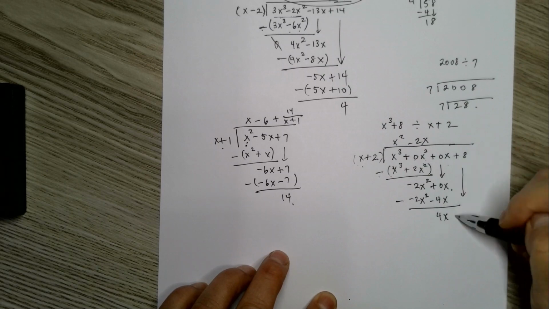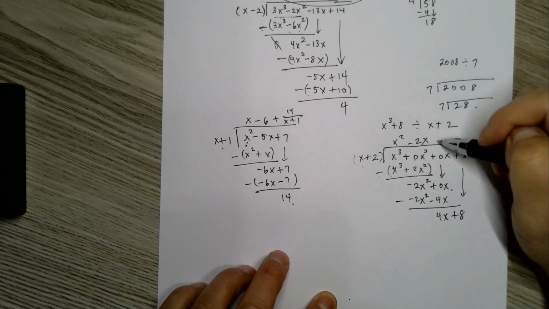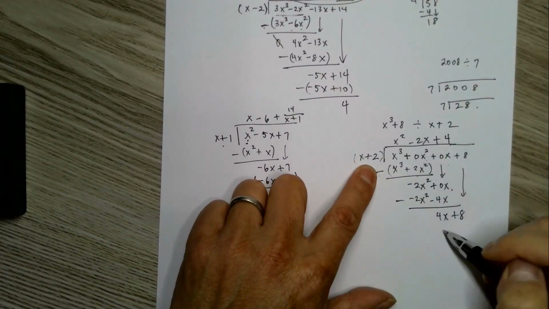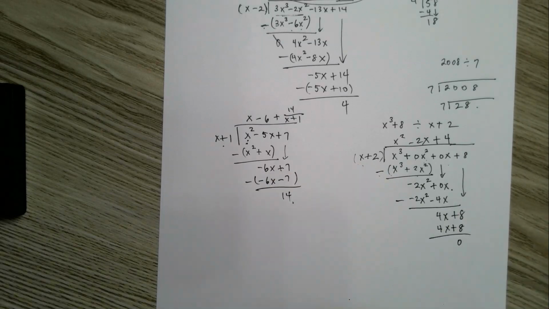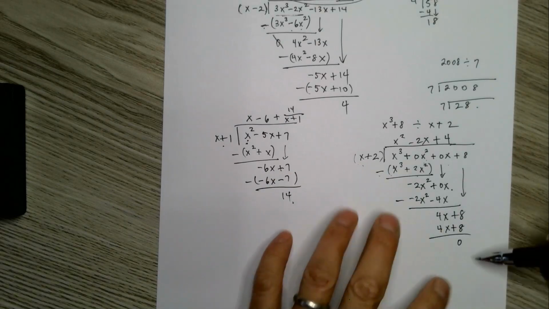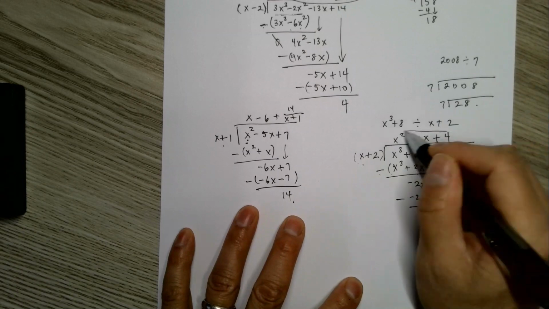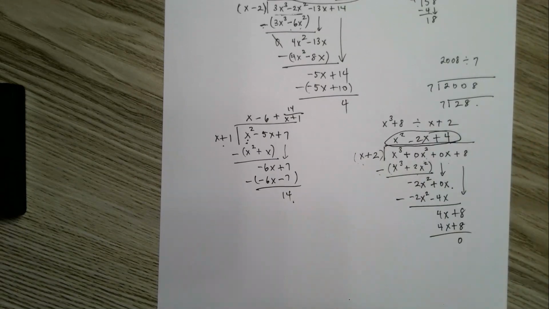Then I bring down the plus 8. And then last time, 4 times x plus 2 is 4x plus 8, and there's no remainder. So I don't have to worry about tacking on something here, plus some fraction. It divides evenly.